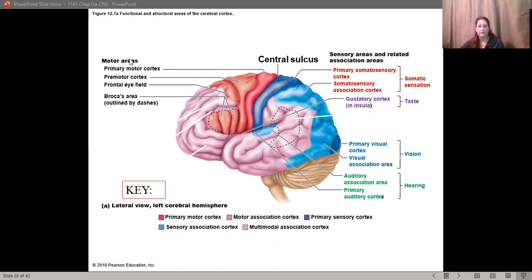We have the 4 motor areas of the frontal lobe, and then we have 10 more associated with the parietal lobe and the temporal lobe, the occipital lobe, and then the insular lobe.